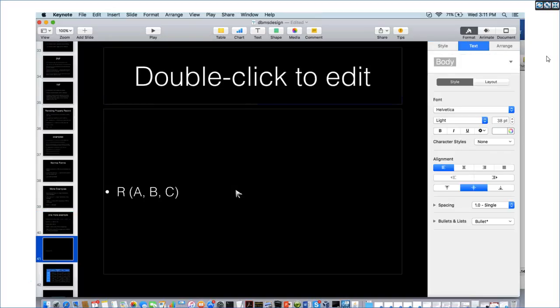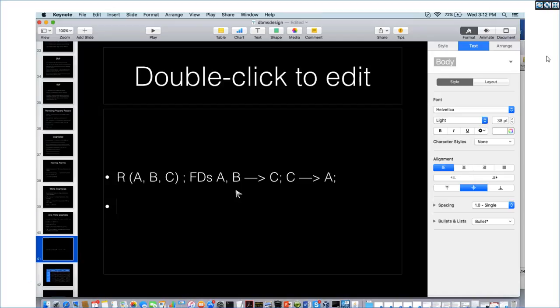Take the FDs in this as A, B determining C, and C determining A. This is something that I did previously. This has a nice property, where we were saying that AB is the key for this relationship, right?